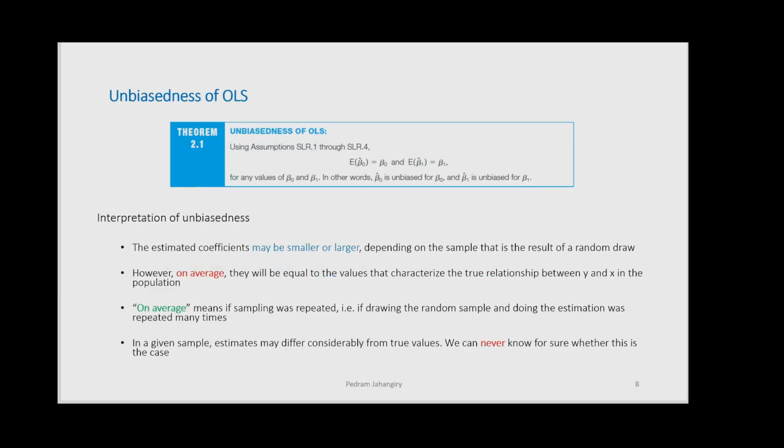All right. Now, let's summarize our assumptions. So we showed simple linear regression, assumption number 1. What was it? Linearity in parameters, linear in beta. SLR2, random sampling.